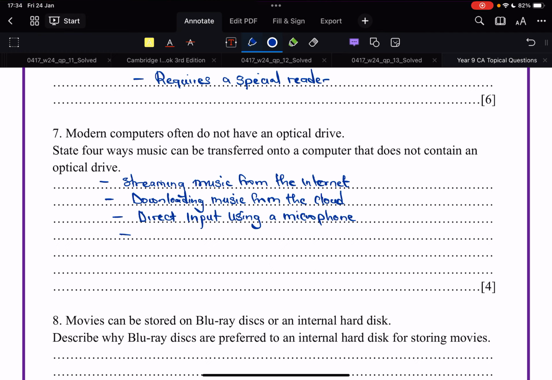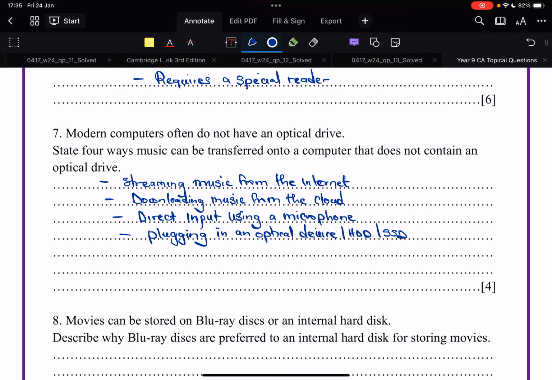We can also plug in an optical device, or it could be an HDD or even an SSD.